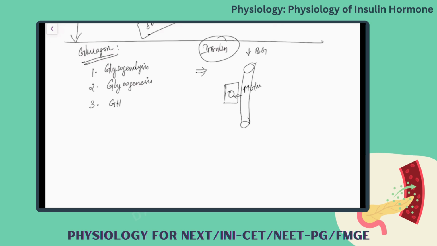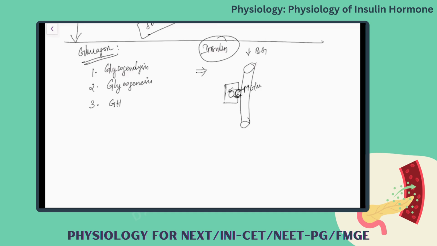For doing the metabolic mechanisms, it needs the energy. So what insulin is going to do is activate the channels present in the membranes of the cell in order to bring the glucose from blood vessels into the interior of the cell.